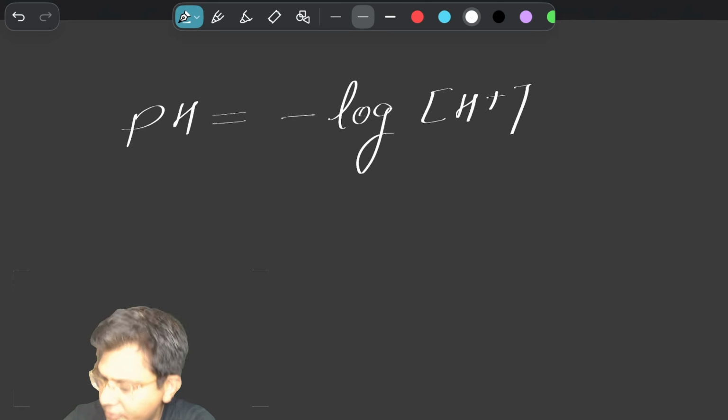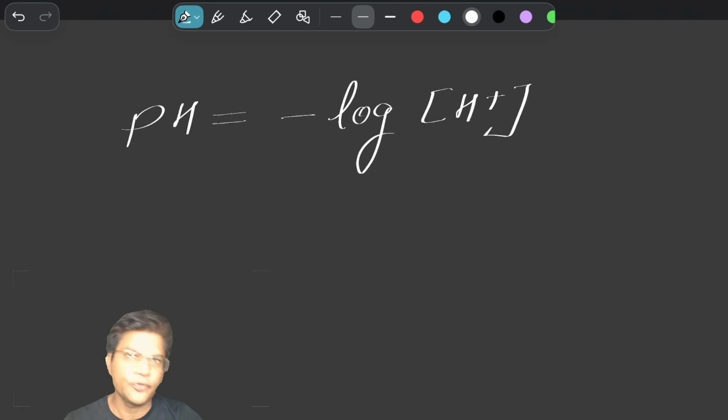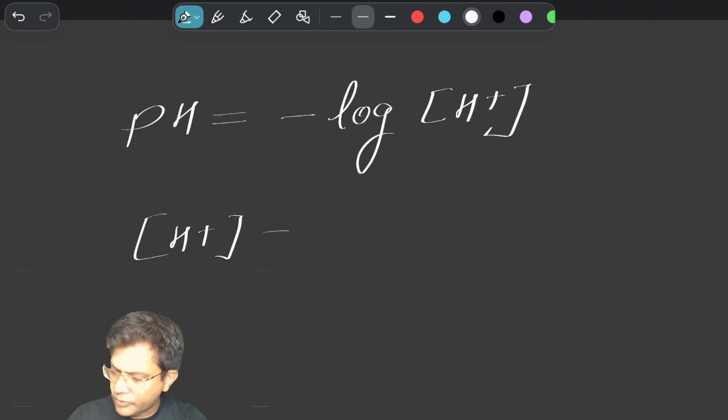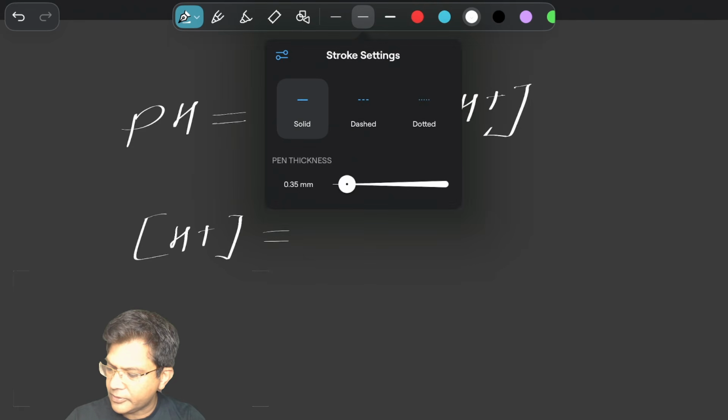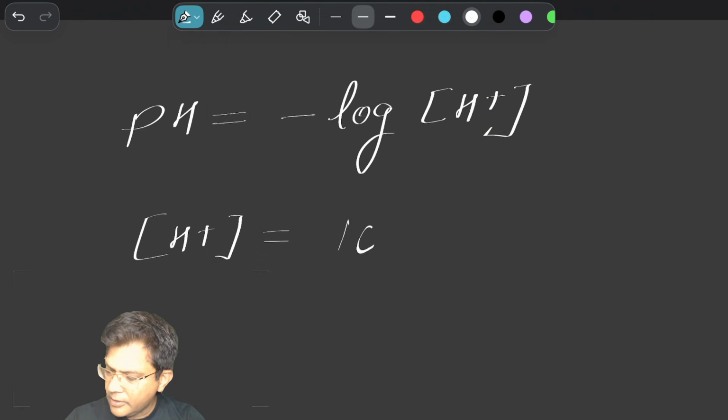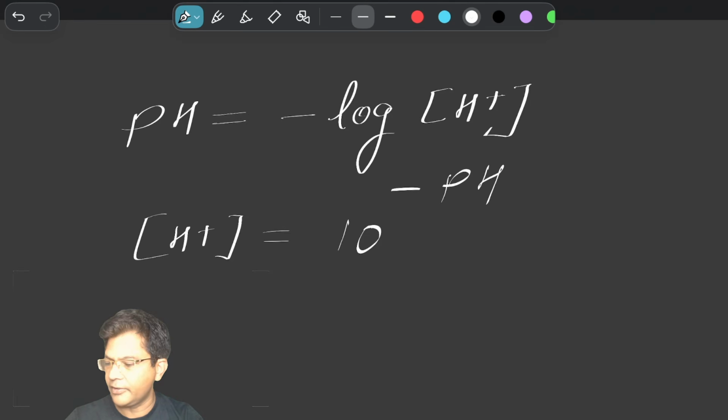This is the one formula you have to remember. First formula, pH is equal to minus log of H plus concentration, or we can say H plus concentration is equal to 10 raised to power minus pH. Whenever the H plus concentration is given, the negative exponent written over here is the pH.